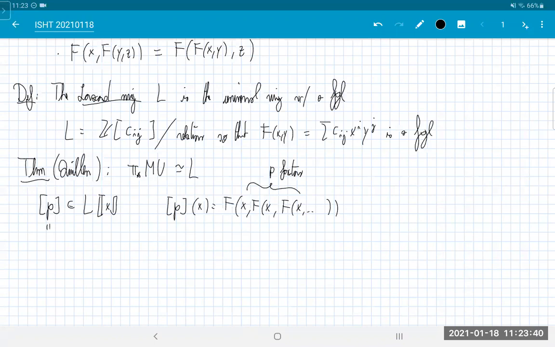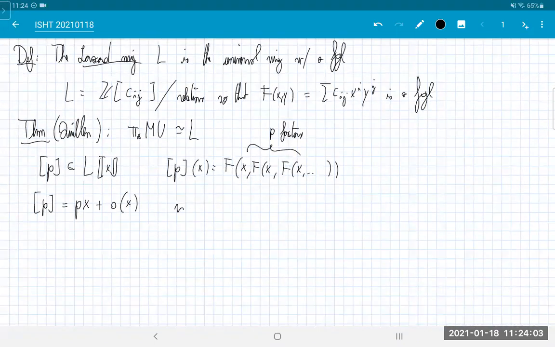I'm going to need these to define things inductively. By the hypothesis, multiplication by p is px plus higher terms, actually p plus higher terms. That's an easy proof. And so we can use it to define some elements.